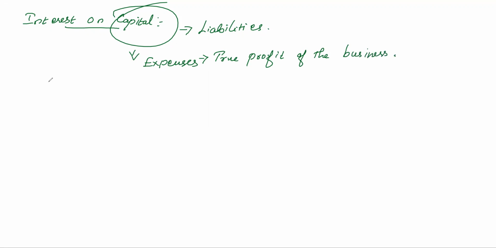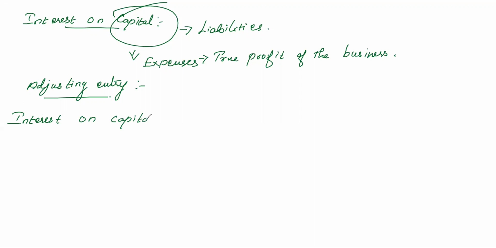Okay, that's it. So let's see the adjusting entries. Adjusting entry: interest on capital account debit to capital account credit, amount.